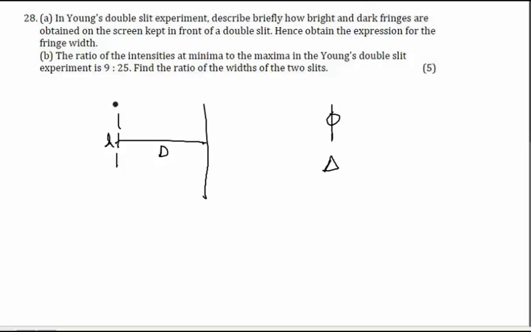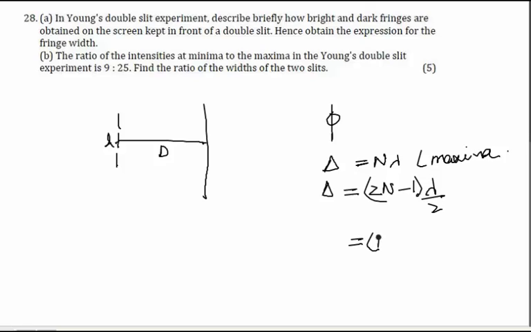In this case, if the path difference is a multiple of n lambda, then we say it's a maxima. And if this path difference is an odd multiple of lambda by 2, I can also write it as 2n minus 1 times lambda by 2, or in some books it is written as (n minus half) lambda, where n is an integer, then it will be a minima.